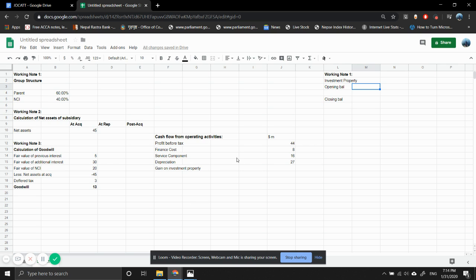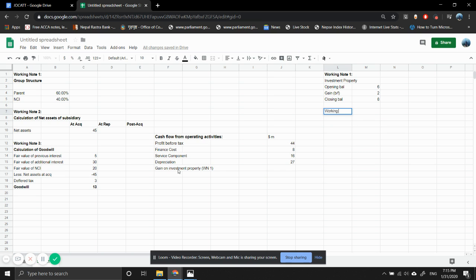So opening balance was 6, closing 8, right? That means the gain is this minus this, a balancing figure. Working note 1, right? And then after that, working note 2.